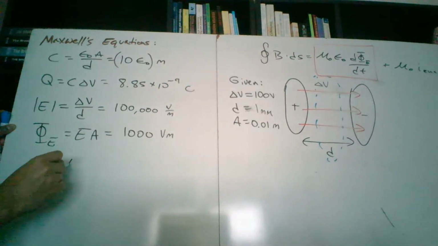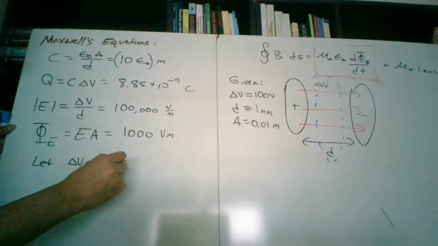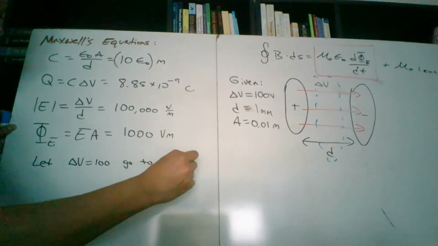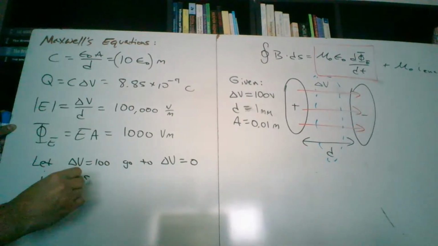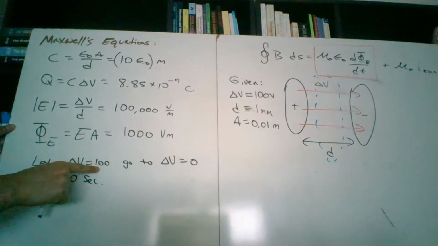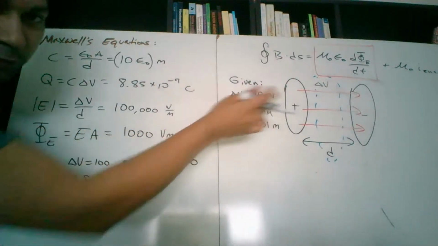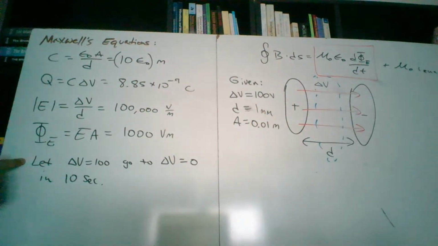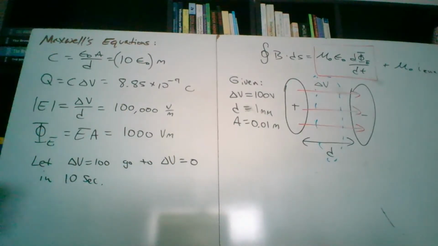Let delta V equal 100 go to delta V equal 0 in 10 seconds. So we're going to let the voltage go from 100 volts to 0 volts in 10 seconds. How can you do that? Maybe you remove the battery, and so the voltage is going to decrease, decrease, decrease, and then die down.